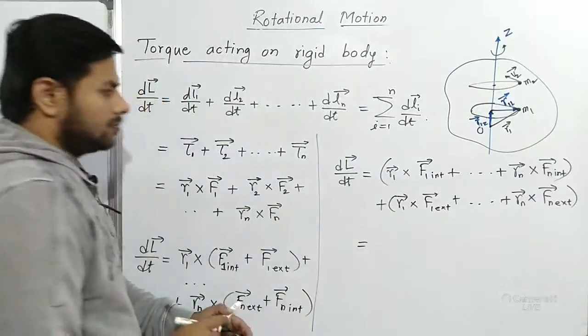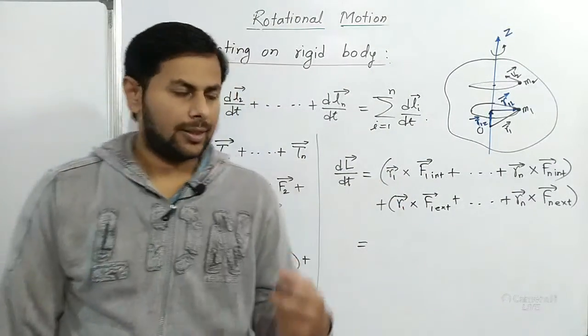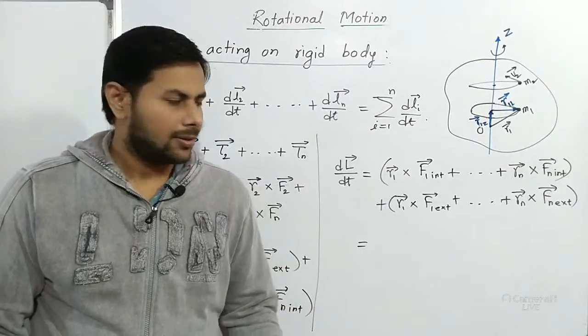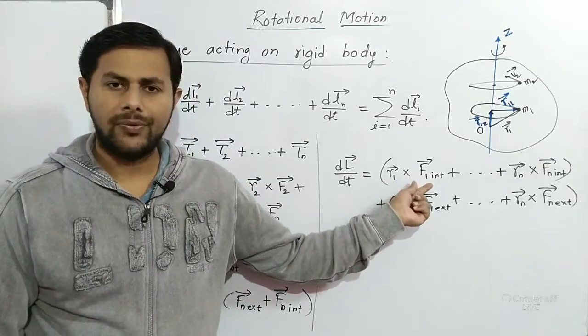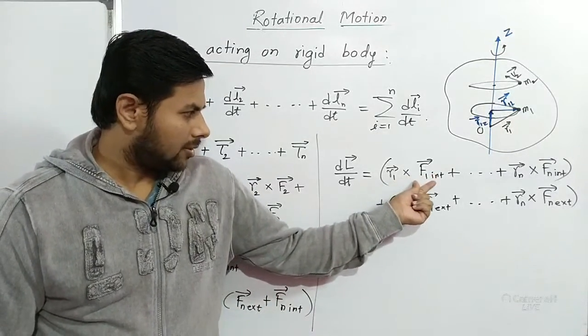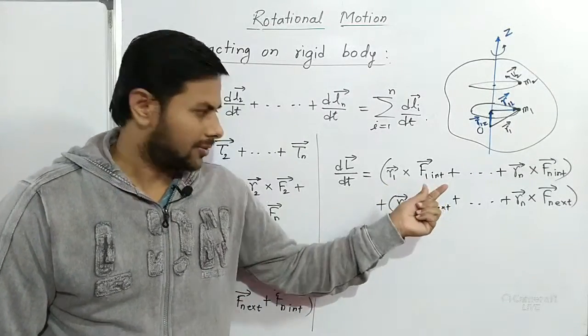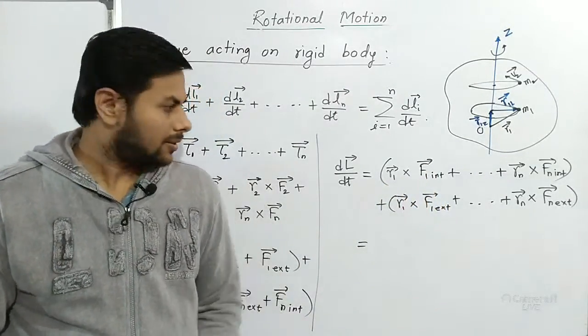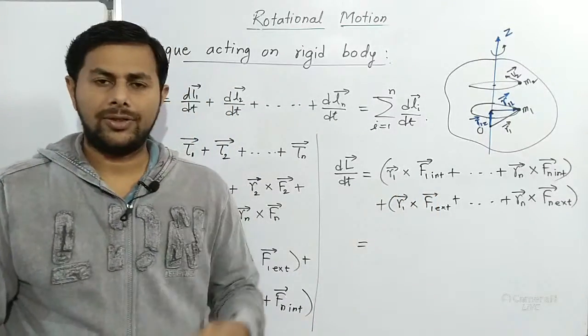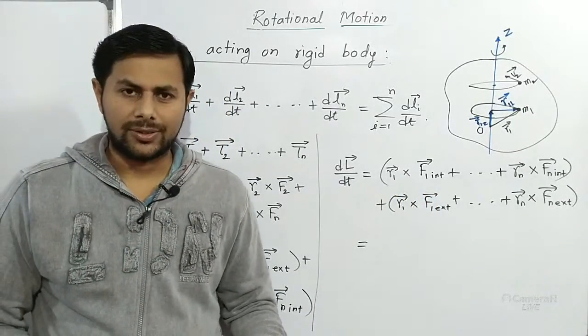Okay, now we have done this. What we will do is call this term, R1 bar crossed with the internal force acting on the first particle, the torque acting on the first particle due to internal forces.